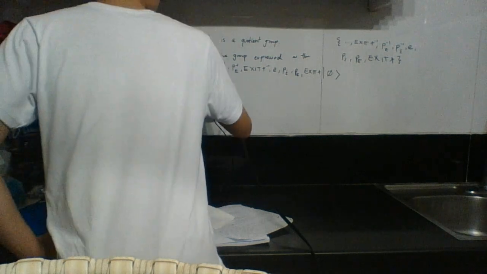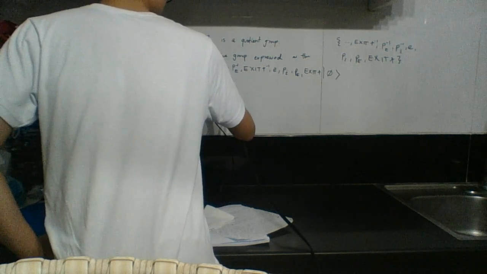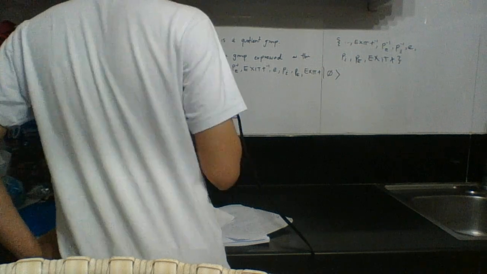Here's claim number 2, or distinction number 2: for any, I'll call it psi, any element. It could be an inverse, it can be a regular element, so long as it's inside P, exit up arrow plus that psi is just equal to psi.